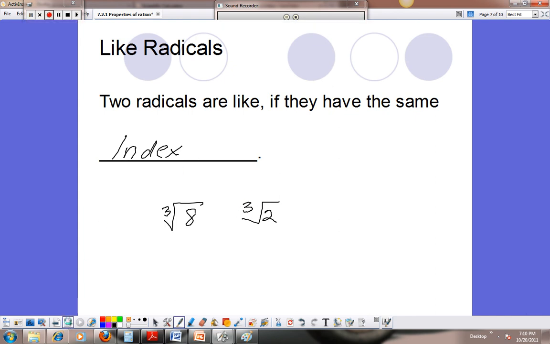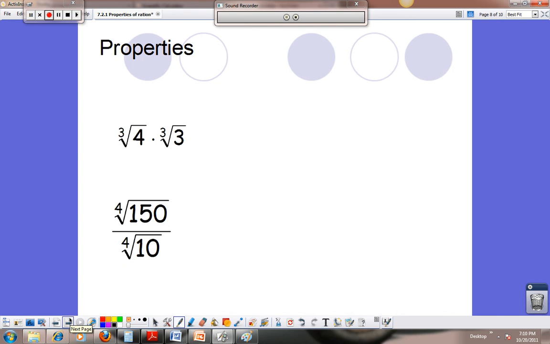So these are just a couple of properties. If I'm multiplying two radicals and they have the same index, then this could be 4 times 3, which should actually give me the cube root of 12.